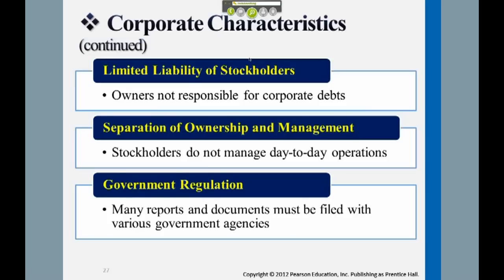So this regulation, to disclose financial statements on a quarterly and yearly basis, is only for corporations. This is an example of additional government regulation. For a corporation, the documents, the filing, and the tax information are a lot more complicated than for proprietorships, partnerships, and other types of organizations.